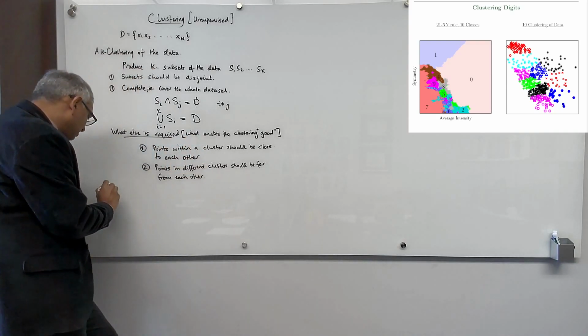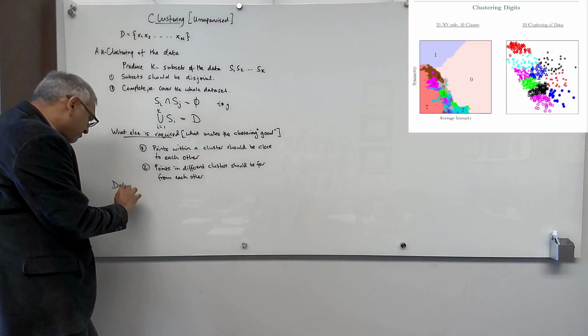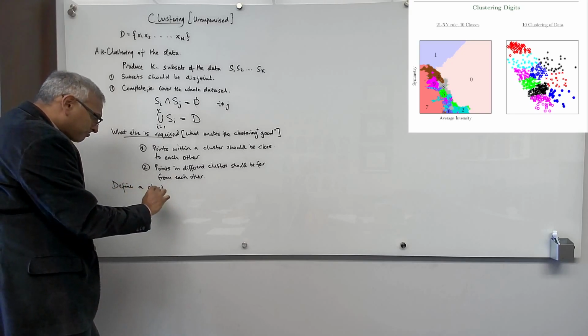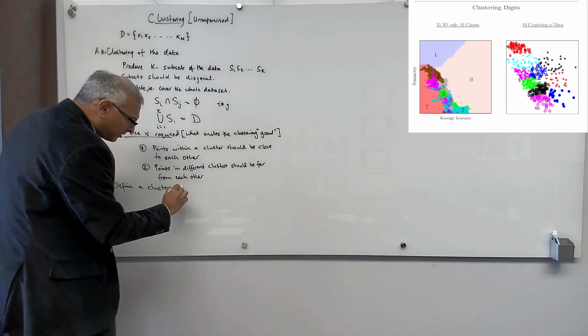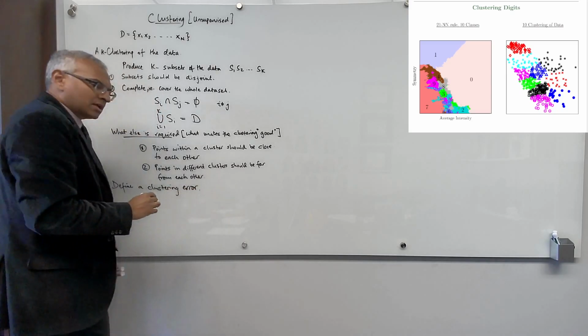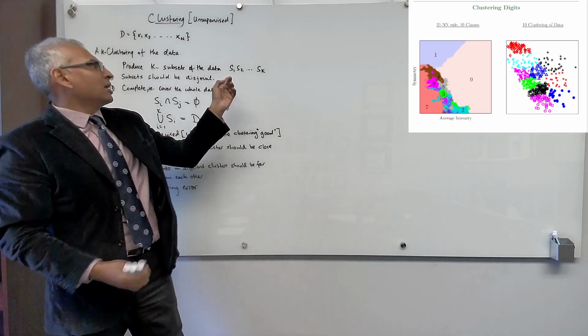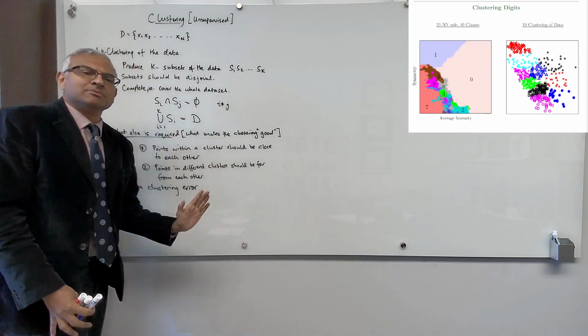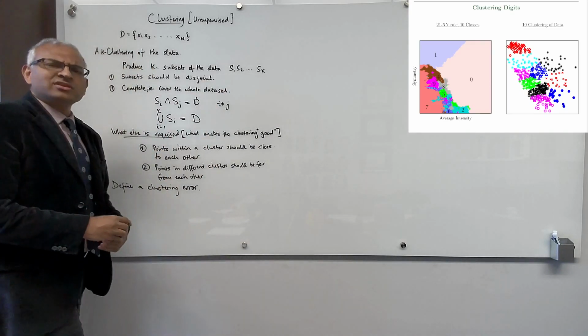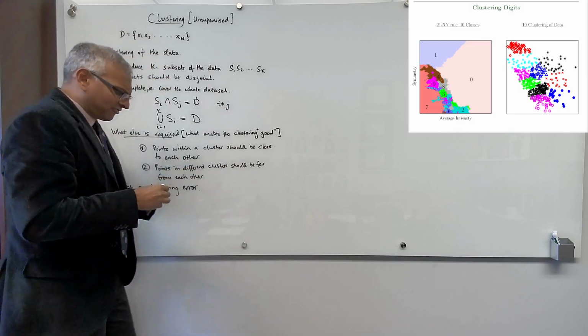So we define a clustering error. And then the idea is to output a clustering, i.e. output your K subsets, so that you minimize the clustering error. And the clustering error is relatively easy to define.